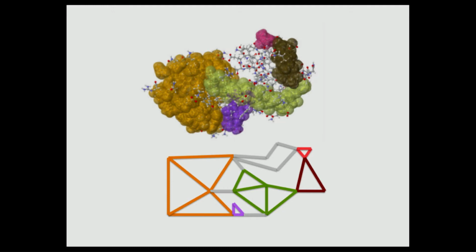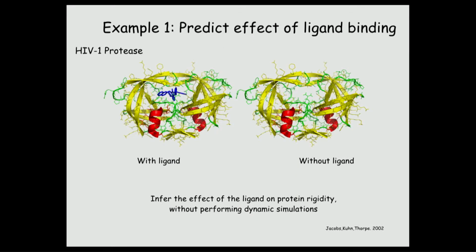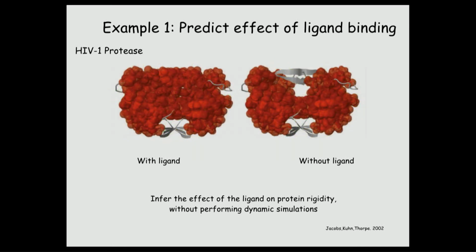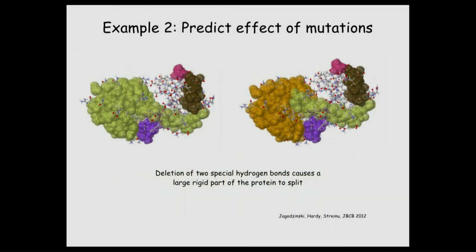So our protein project is, in fact, identifying the potential for collective motions. And here are quickly 2 applications. This can be used to predict the effect of ligand binding. For instance, this was work done in Mike Thorpe's group. With the ligand and without the ligand, the rigidity obviously changes, meaning that we can infer functional information from the structure existing in the Protein Data Bank.